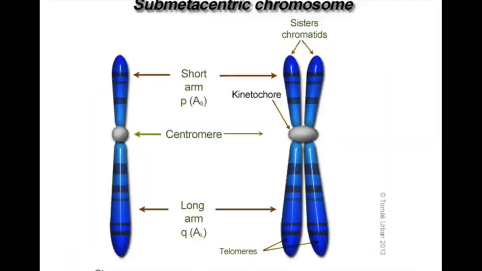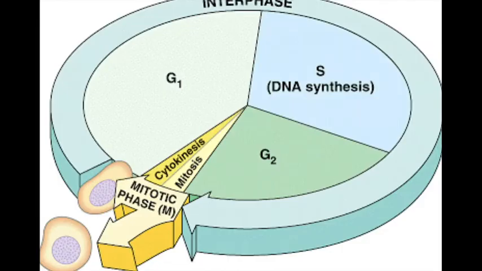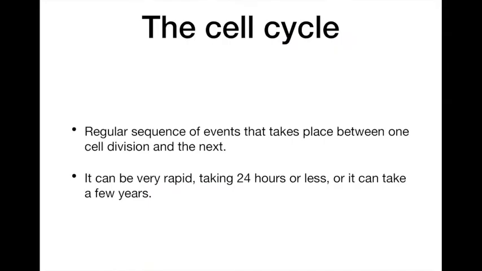Now, let me look at the cell cycle. What is that? It's the sequence of events that takes place between one division and the next. But let me be even more precise. It's what happens at every moment in the cell.